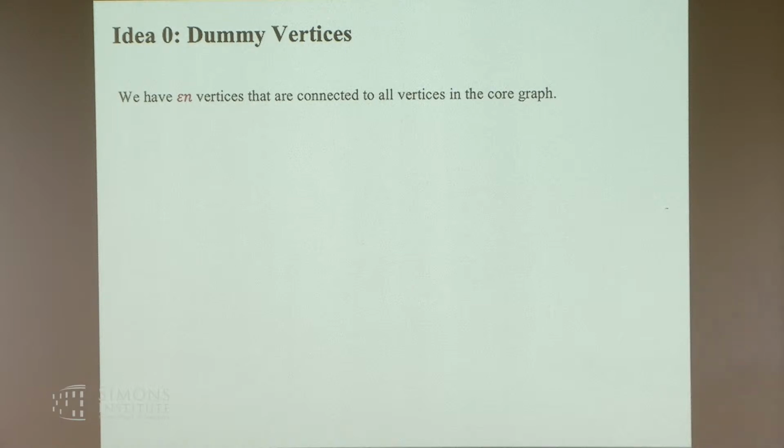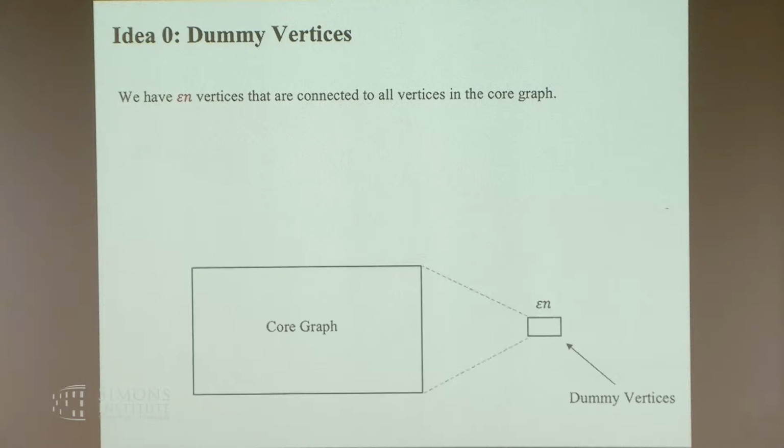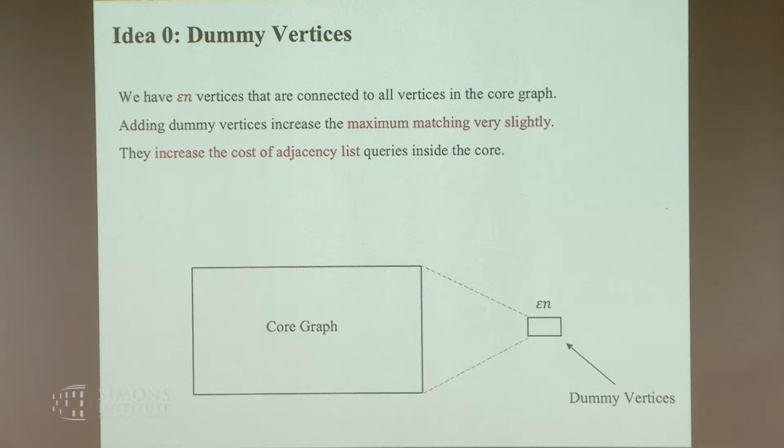If you have some core graph, we can add epsilon n vertices and connect them to everyone. These dummy vertices don't change the size of the maximum matching that much, only by an additive epsilon n, but they will increase the cost of the adjacency list queries a lot.